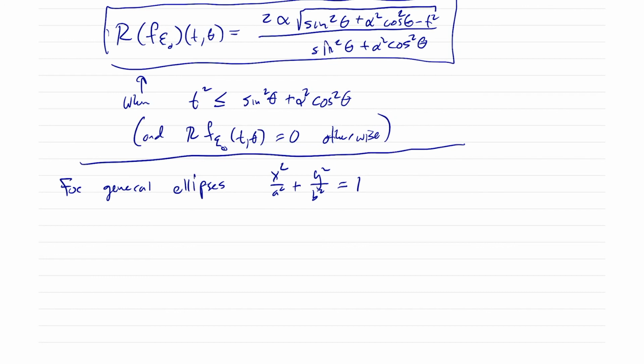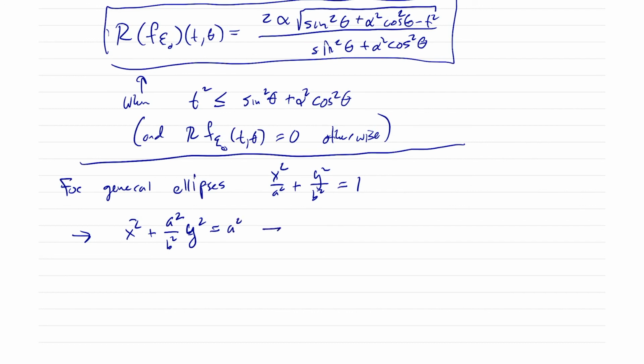What we can do is multiply by a squared and divide by b squared, and so we get x squared plus a squared over b squared times y squared is equal to a squared.